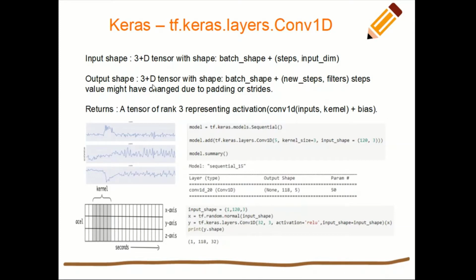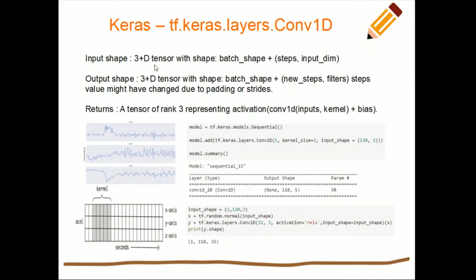Okay, so let's take one example. Before we take an example, the input shape of the convolutional 1D layer is a 3D tensor, right? Batch shape plus how many steps we have, so we might have 5 samples which are of 10 steps and 3 values per step.